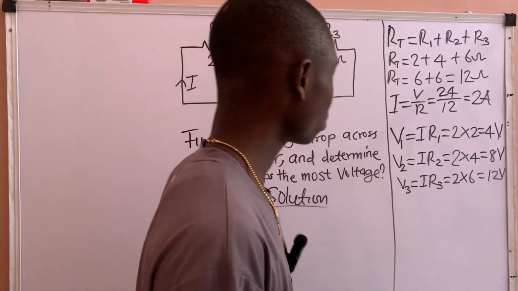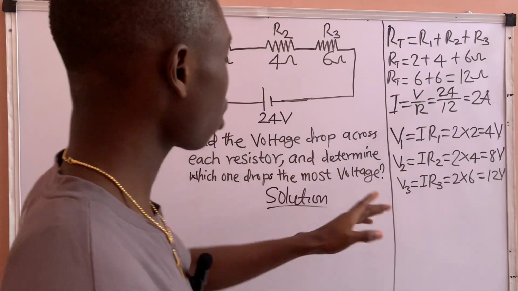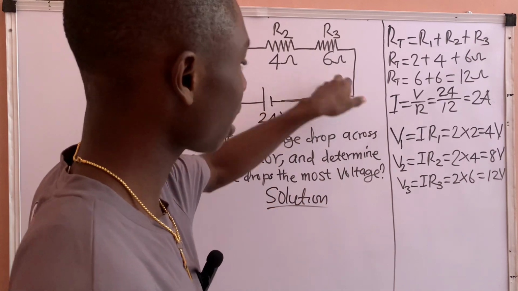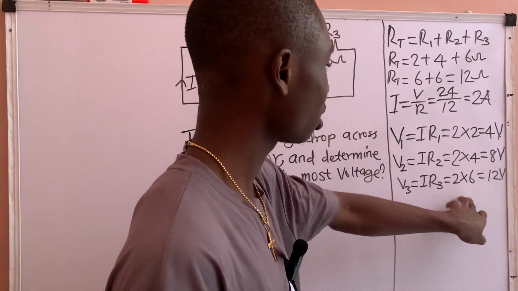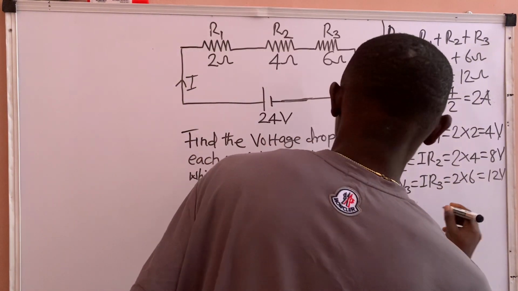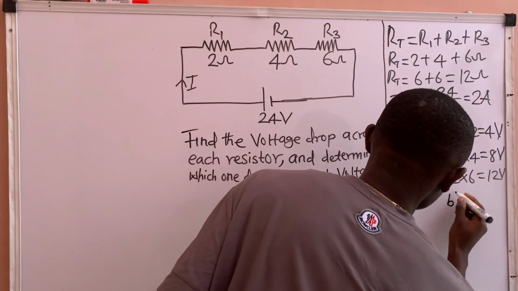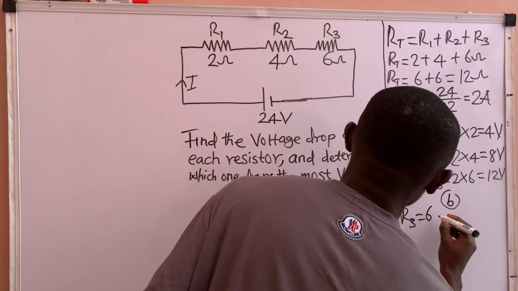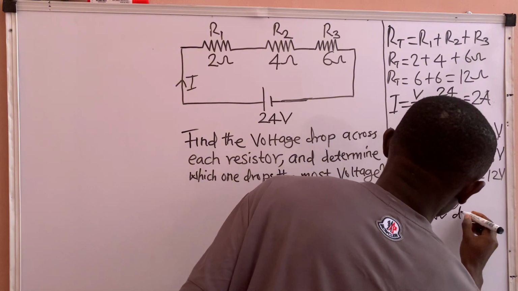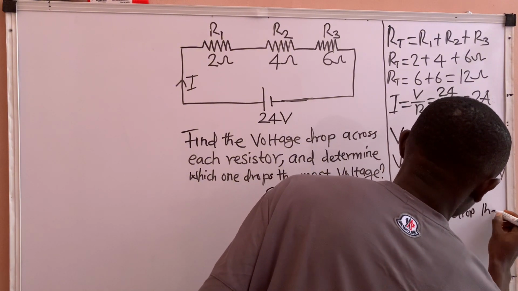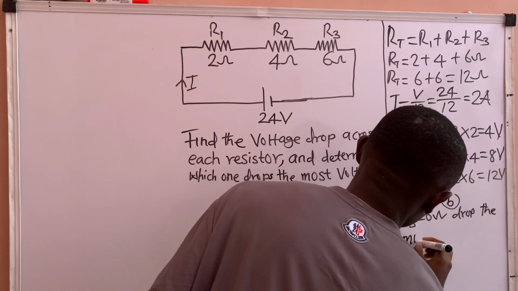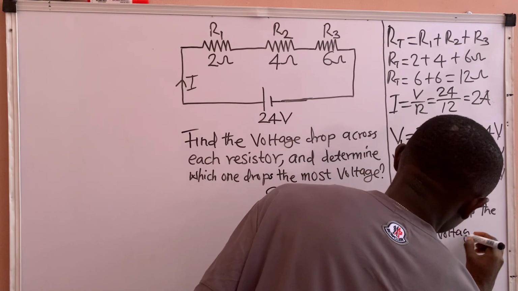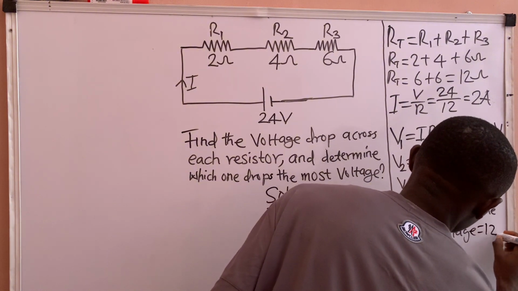So from our calculation, it is resistor R3 that drops the most voltage, which is the answer to the second question, B. R3, which is equal to 6 ohms, drops the most voltage, which is 12 volts.